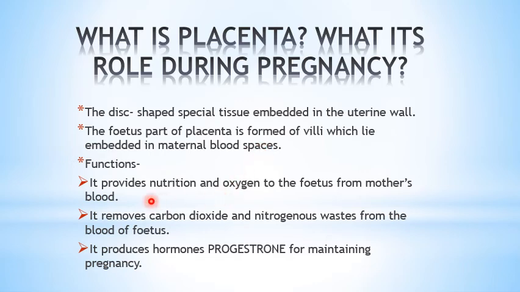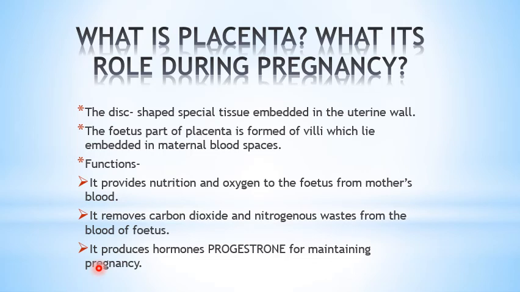It provides nutrition and oxygen to the fetus from the mother's blood. It removes carbon dioxide and nitrogenous waste from the fetus's blood, and moreover it produces the hormone progesterone for maintaining the pregnancy, because the placenta will be formed only when implantation of a fertilized egg takes place, and then various changes take place for maintaining the pregnancy.